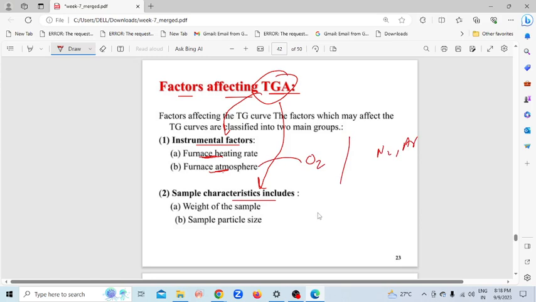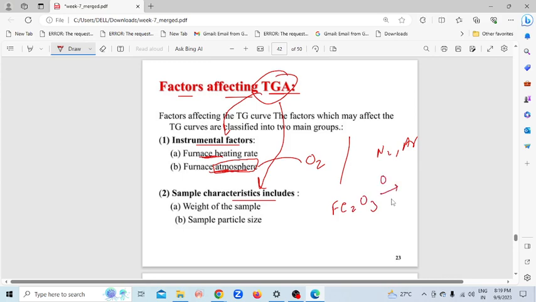You have to correlate the atmosphere with the TGA, because suppose you are going to analyze a sample which can react with oxygen. Suppose it is Fe2O3.